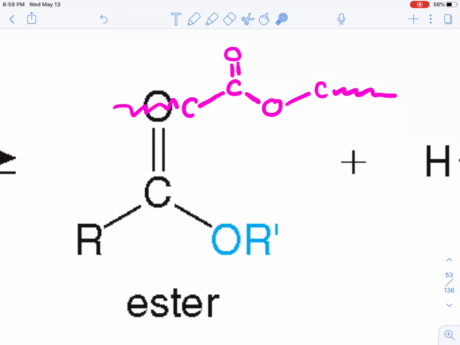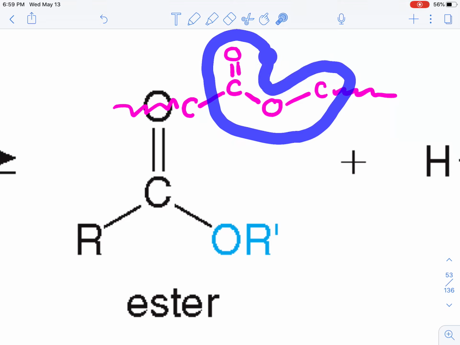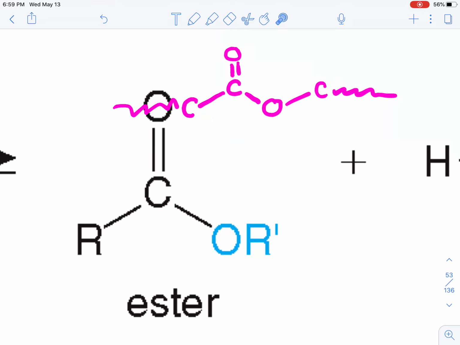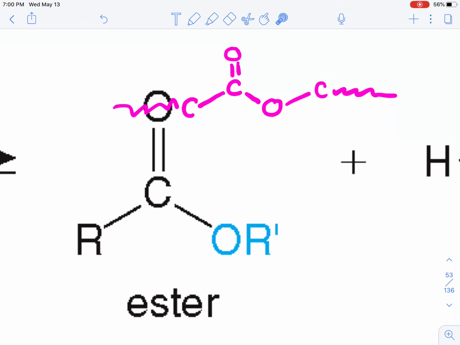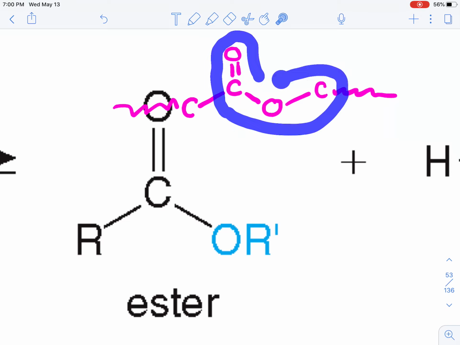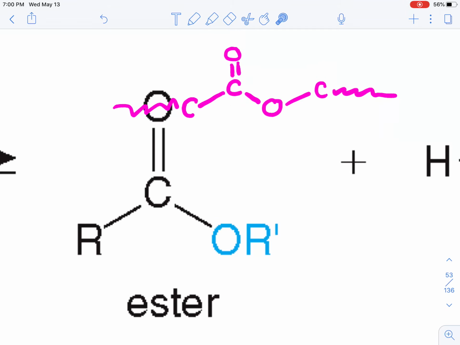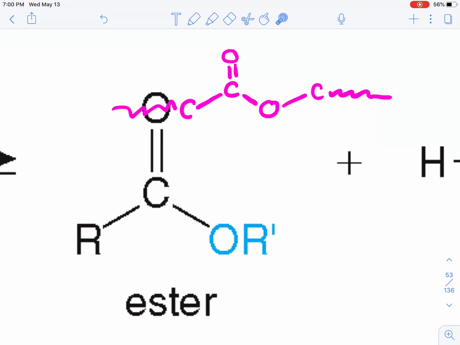So when we're trying to identify or classify this specific functional group, we look for this COC. It's reminiscent of an ether, but instead of it being an ether, we have to include this carbonyl group. This whole thing that I'm circling will represent our ester. All right.